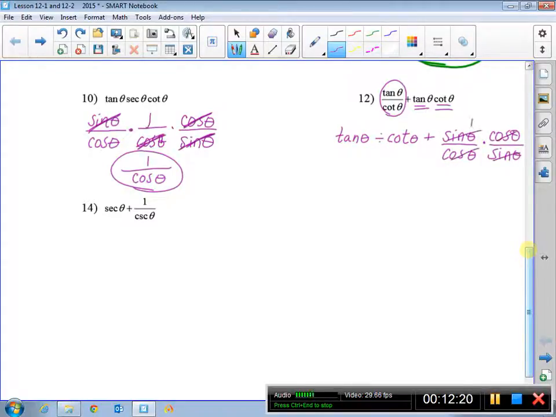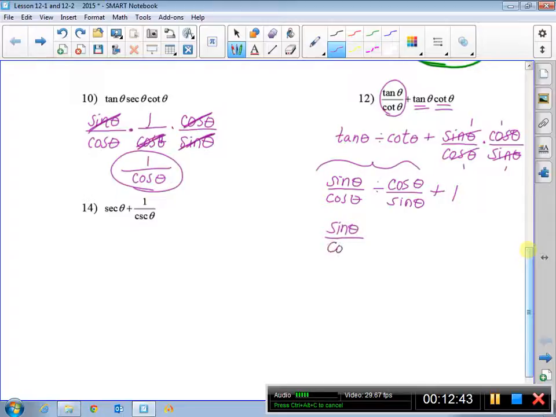So over here we get all ones. And over here we have tangent divided by cotangent. And when we divide two fractions, we do what? Multiply by the reciprocal.